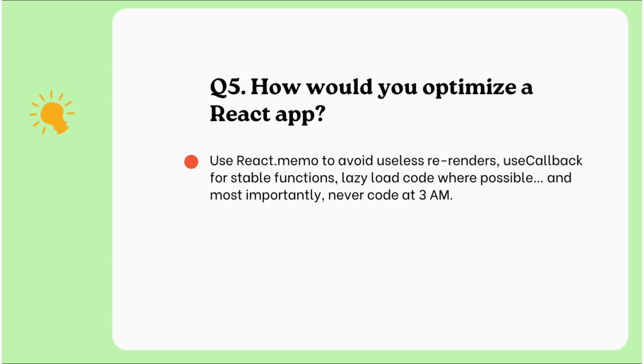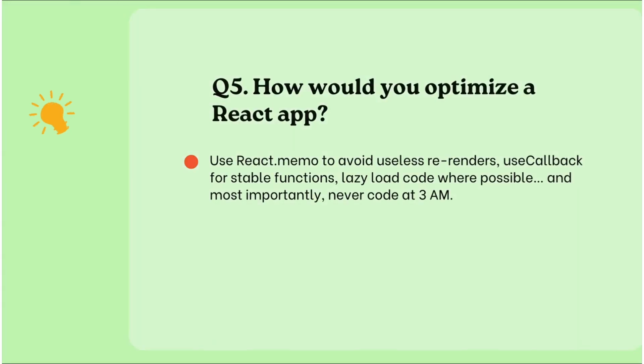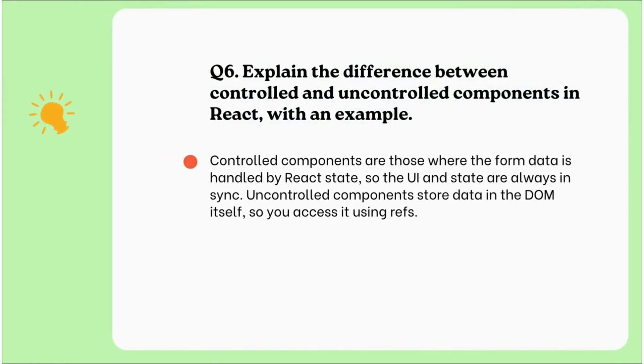All right, let's continue. This time, I want you to elaborate more on your answers. Yes, ma'am. Explain the difference between controlled and uncontrolled components in React with an example. Controlled components are those where the form data is handled by React state, so the UI and state are always in sync. For example, an input field with a value linked to state and an onChange handler.